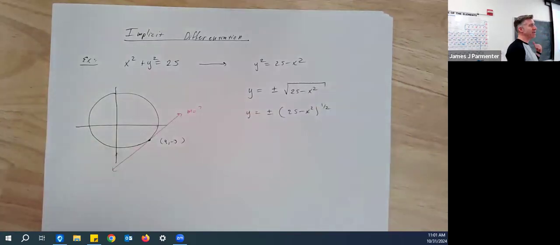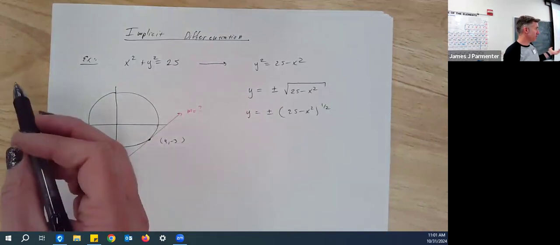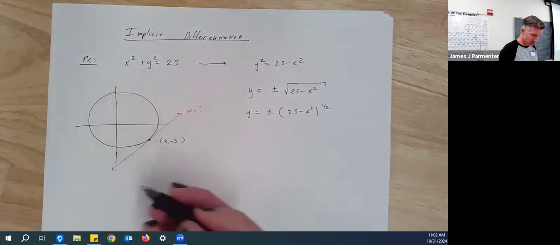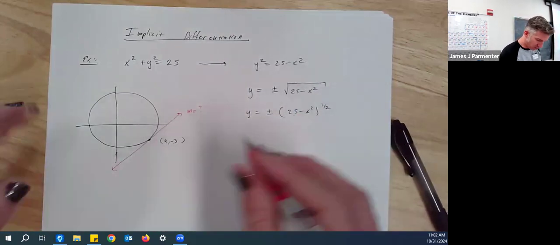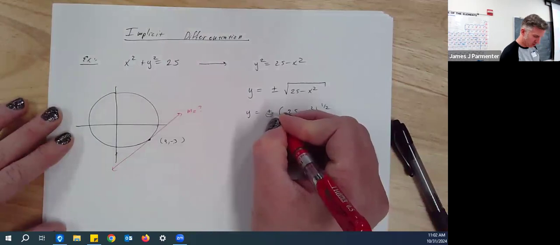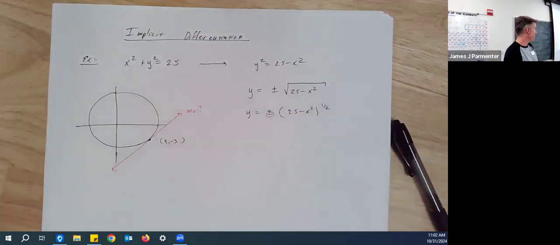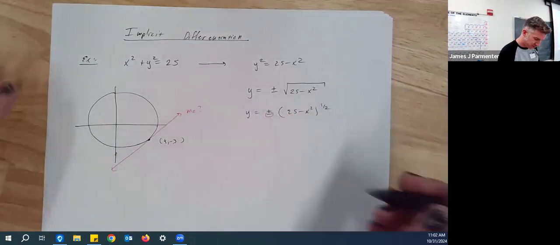And then to be able to accurately take the derivative and find the slope of the tangent line, you have to know which piece of the function we're looking at. In this case, we're looking at the bottom half because we see that y is negative. So we know that we should actually be using y equal to the negative square root of 25 minus x squared.